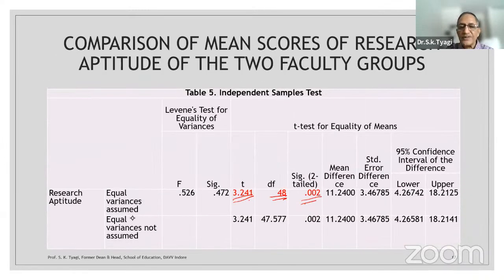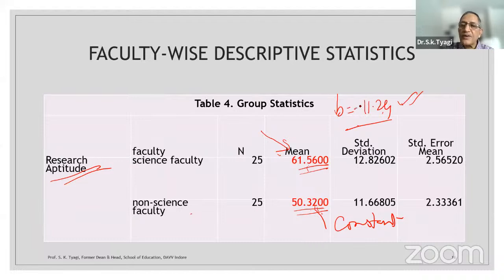And the regression coefficient of plus 11.24 means that the science faculty is getting 11.24 marks more than the non-science faculty. Therefore, the mean is 50.32 plus 11.24, that is 61.56. So our interpretation of the regression which we conducted using the dummy variables tallies with this.